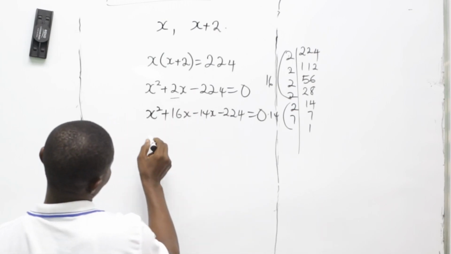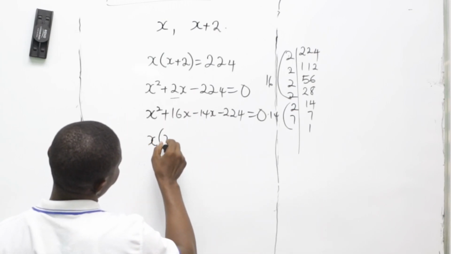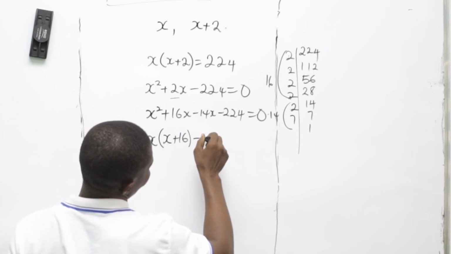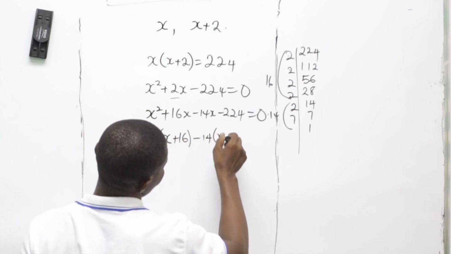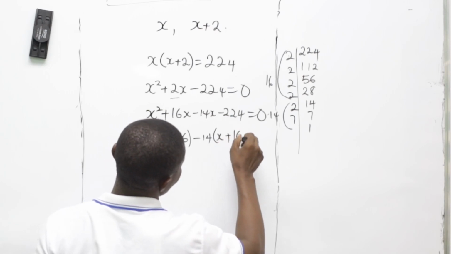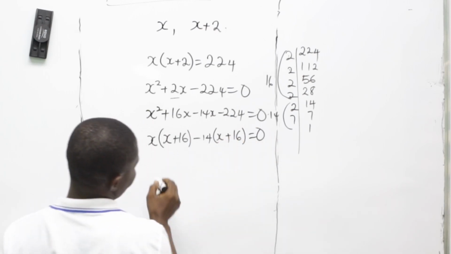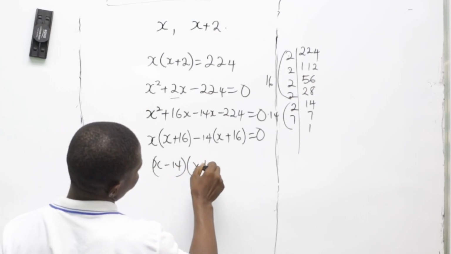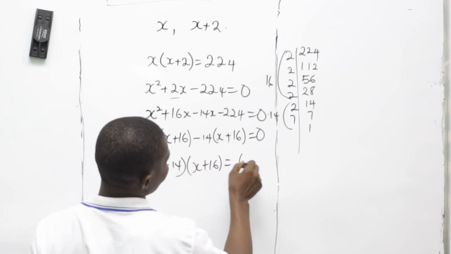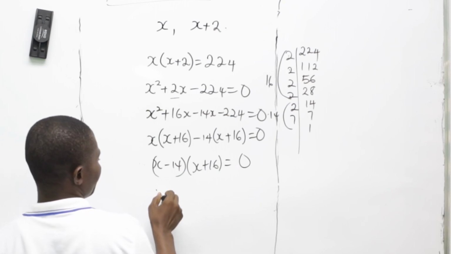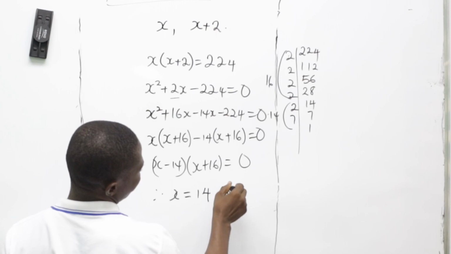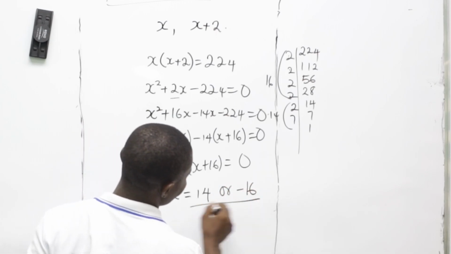Let us finish the factorization. x into x plus 16 minus 14 into x plus 16 equals 0. So that x minus 14 into x plus 16 equals 0. Therefore, x is either 14 or minus 16.